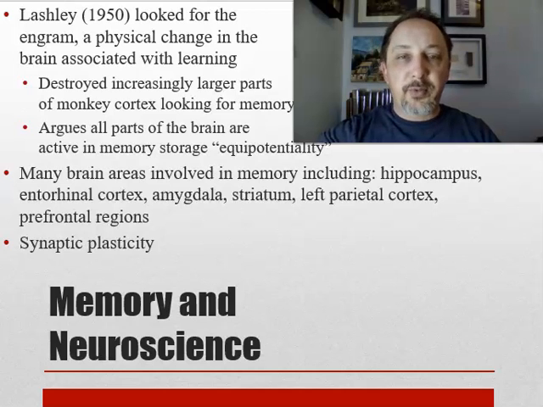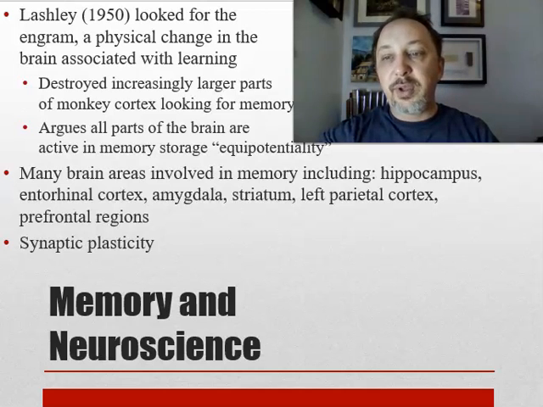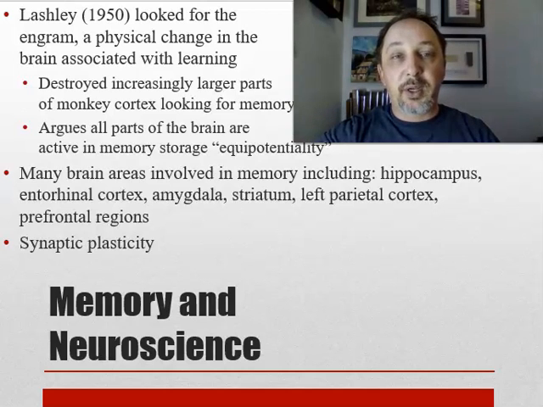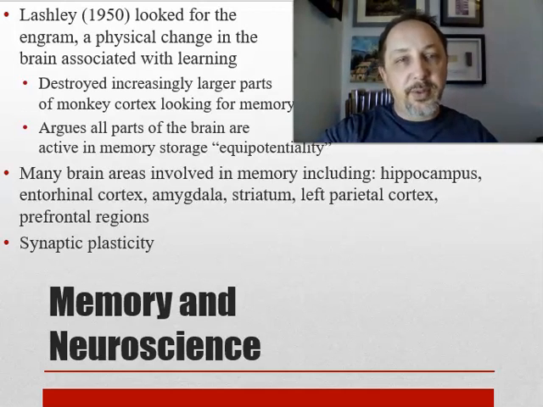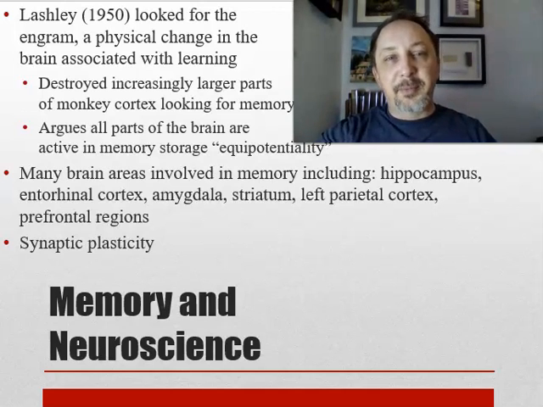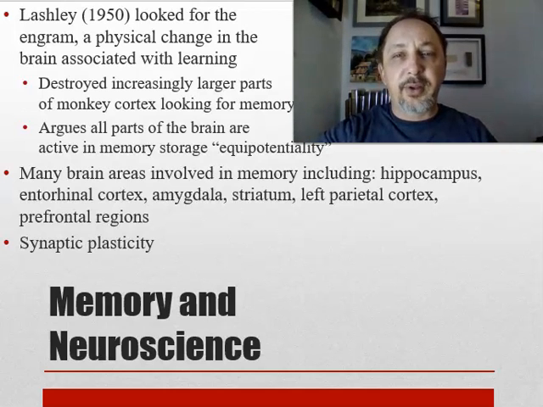Now, this is generally true, but some more recent evidence suggests that the cerebellum is actually the location for the engram when it comes to classical conditioning, which is what Lashley was doing. But at the time, we thought we knew what the cerebellum did, so it was associated with movement and stuff, and not really so much these other things.